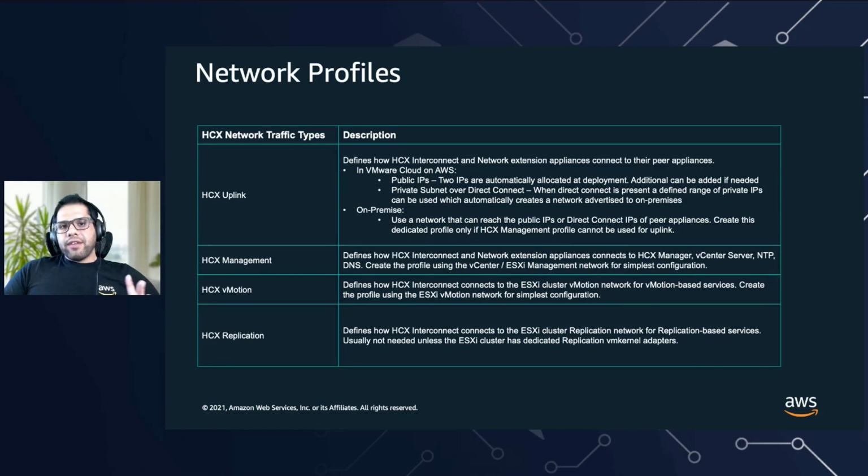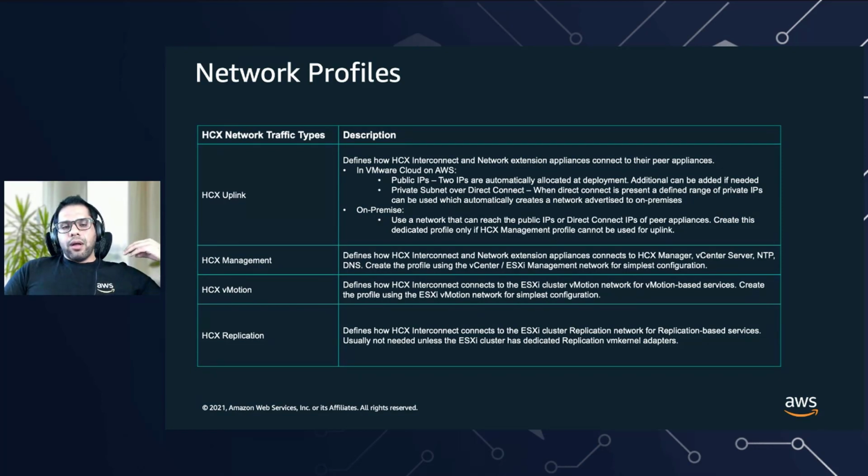Now, there are 4 traffic types that we need to create the network profiles for. You can use the same profile for all traffic types, or you can create a separate profile for each of these traffic types. It all depends on your network configuration. The uplink network profile defines the port group and IP pool that will be used by HCX to connect to the remote HCX appliance.